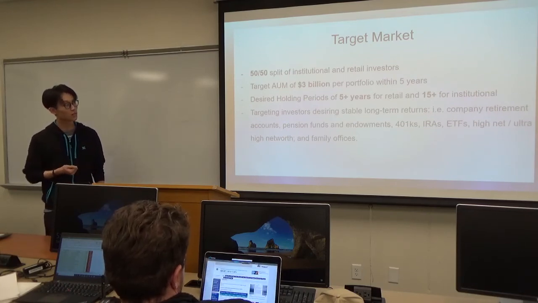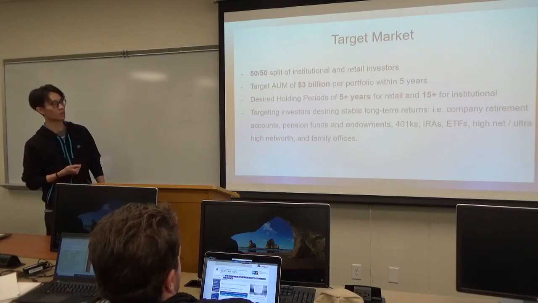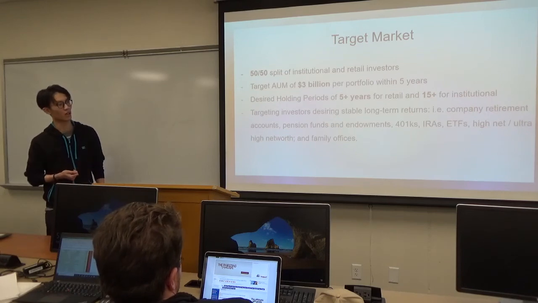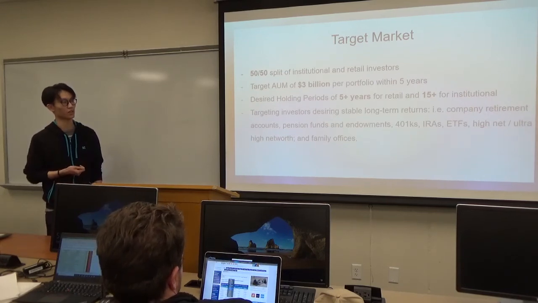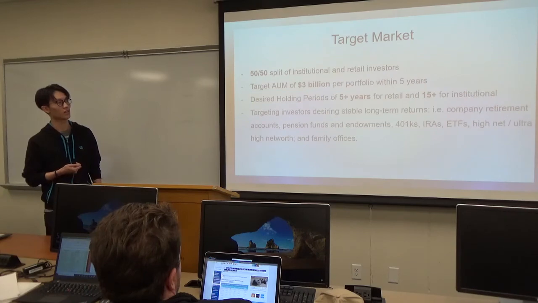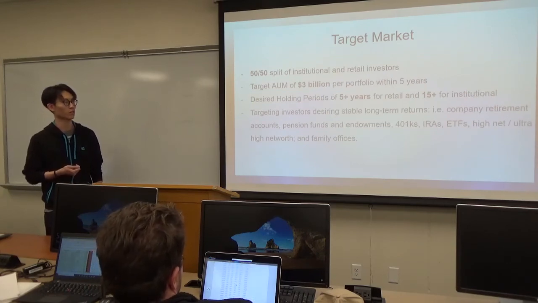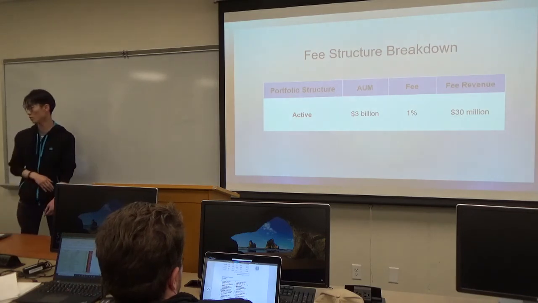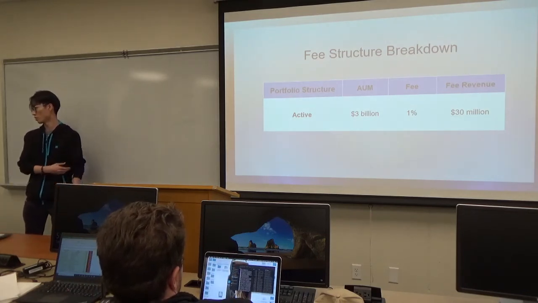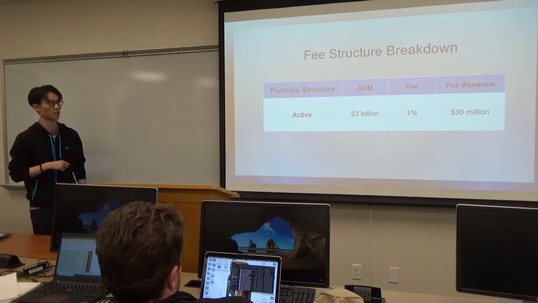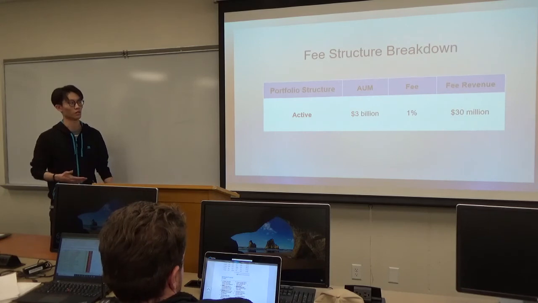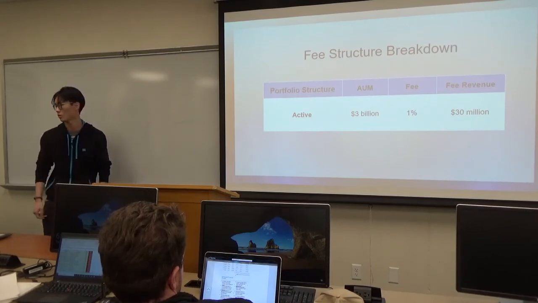For example, company retirement accounts, pension funds, and 401ks, IRAs, ETFs, and high net or ultra high net worth investors and family offices. And here's our fee structure breakdown. So first of all, the structure is active, and then AUM 3 billion. The fee is 1%, and our fee revenue will be 30 million.